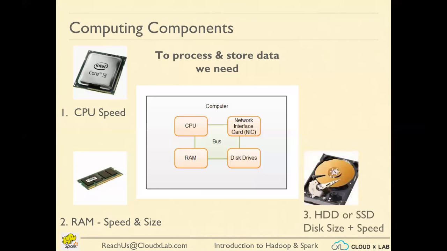The third one is hard disk or solid state drive. In the case of hard disk, the size of the disk as well as the speed matter a lot. Hard disk or solid state drive, both are permanent storage.